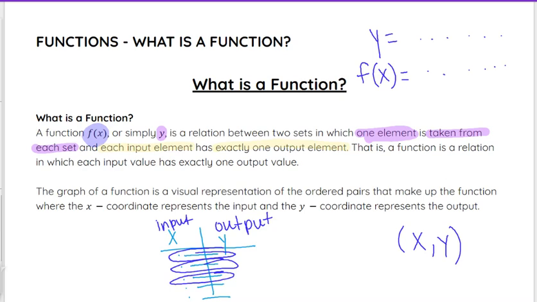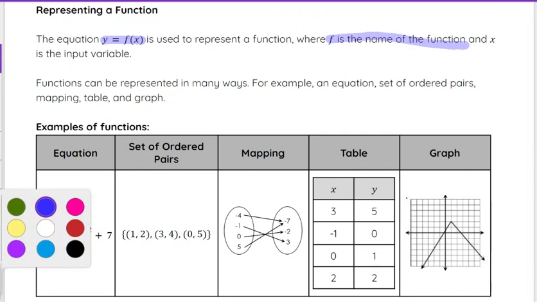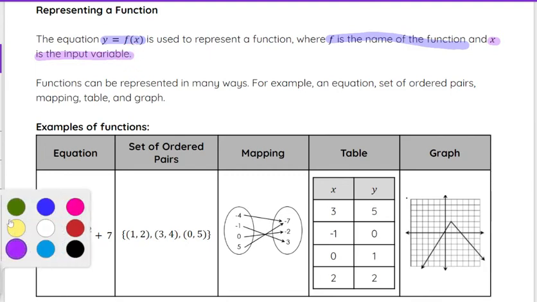So x being your input value and y being your output value. So there are many different ways that we can represent a function. The equation y equals f of x is used to represent a function where f is the name of the function and x is the input variable. So x again is the input variable.